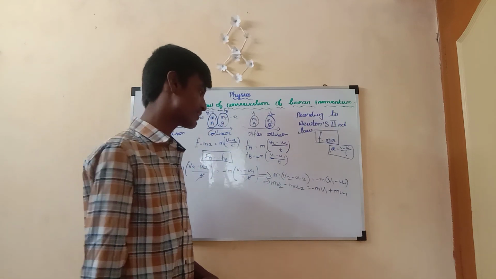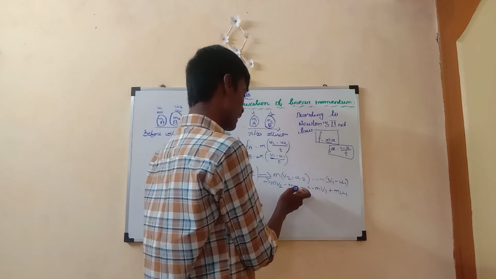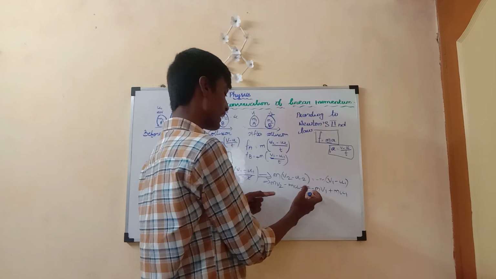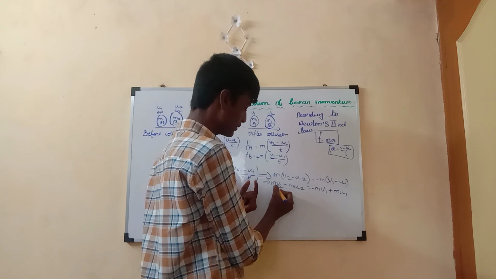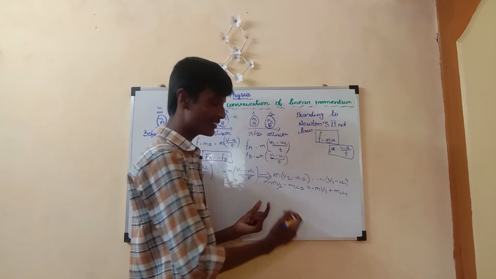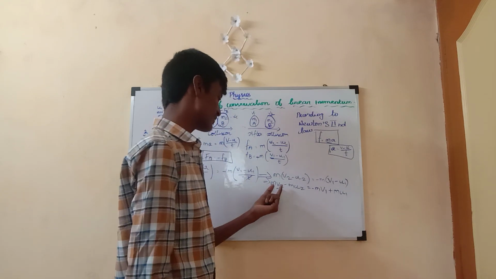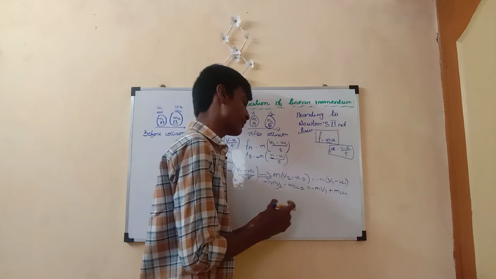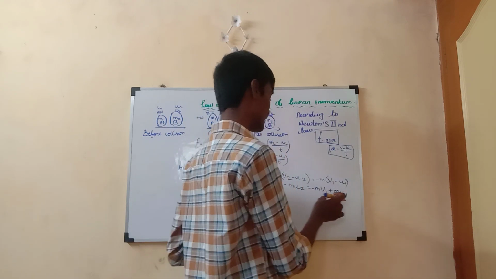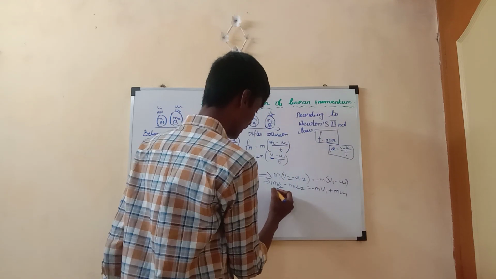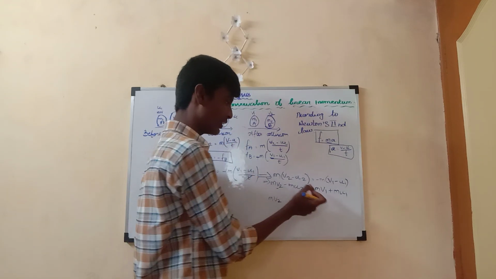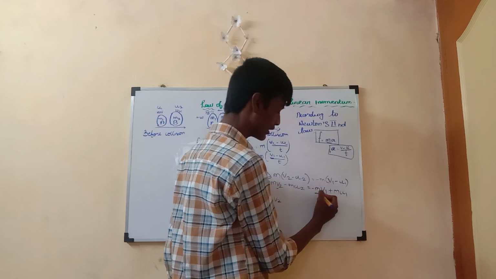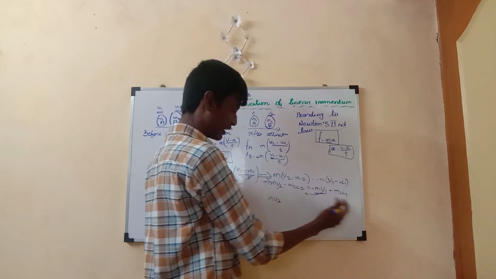The last process is we have to compare both equations. On the left hand side we take the final velocity terms, and on the right hand side the initial velocity terms. So m v2 is the final velocity on the LHS. Minus m v1 on the left means it becomes plus m v1.